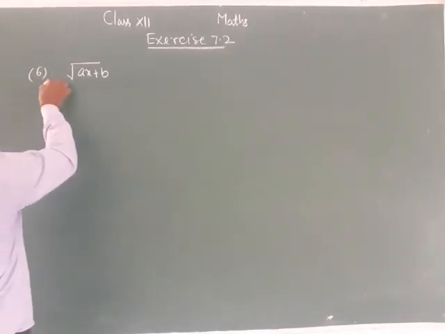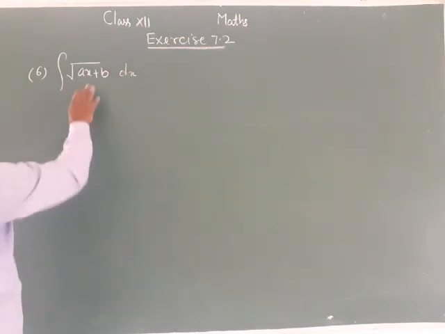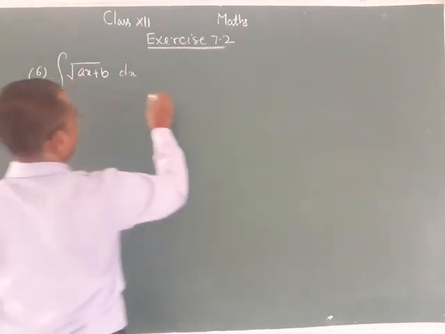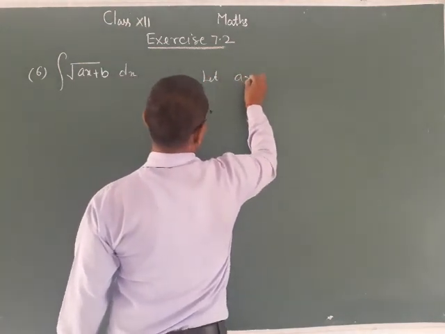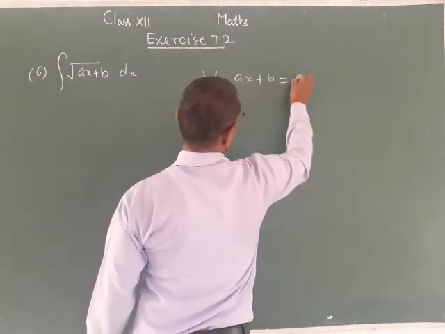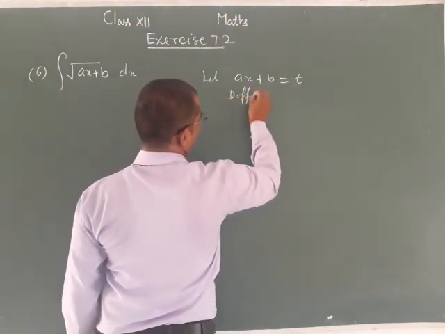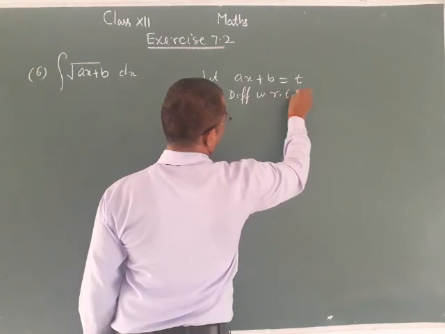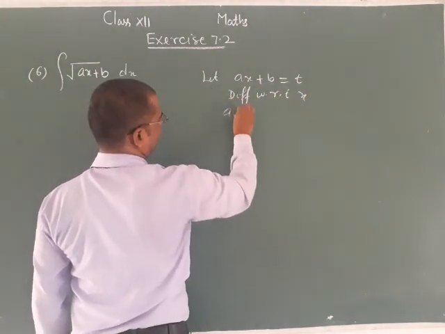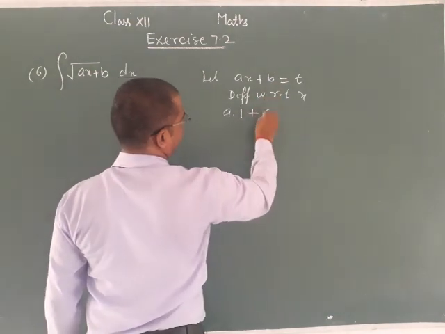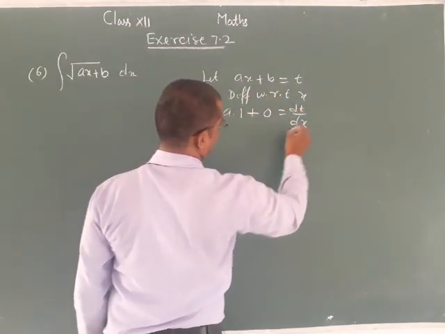So question number 6, integration of root(ax plus b) dx. Let ax plus b be equal to t. Now differentiate with respect to x. The derivative of ax is a and the constant is 0, which equals dt upon dx.